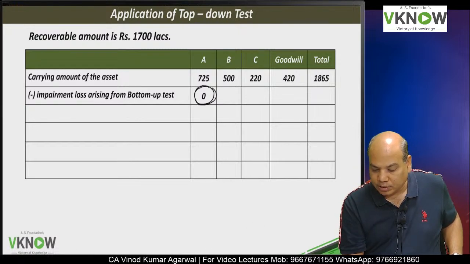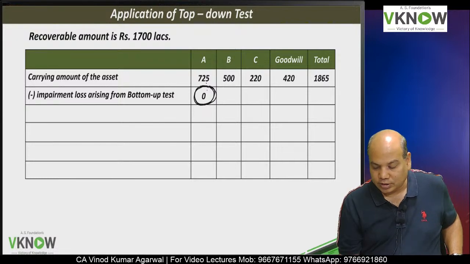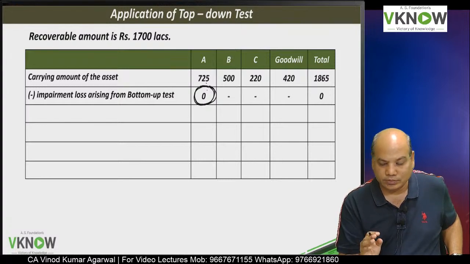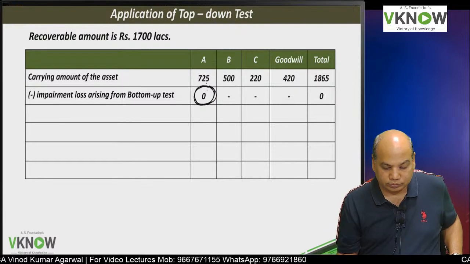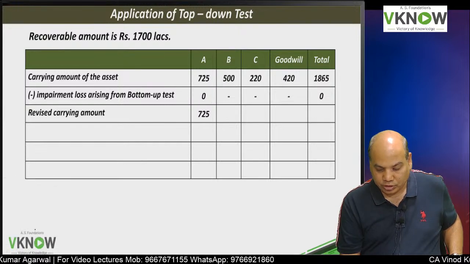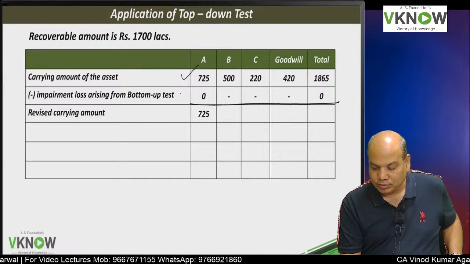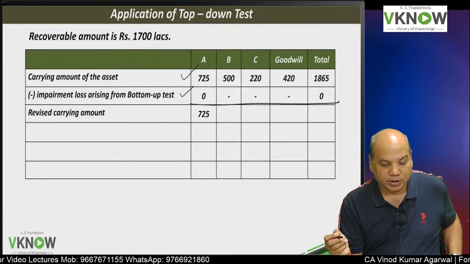If there is an impairment loss in bottom up test, you are going to first deduct it here, but fortunately there was no impairment loss for unit A. For the other 3 we have not tested till now. What is the revised carrying amount? Revised carrying amount will be carrying amount minus impairment loss under bottom up test.